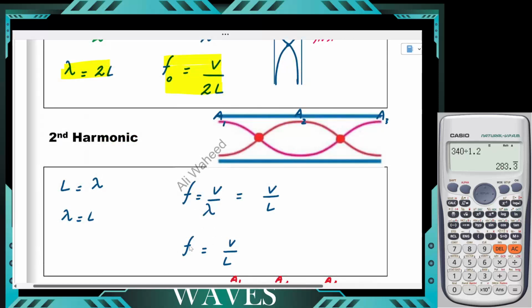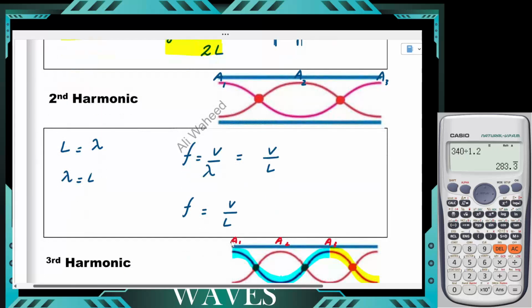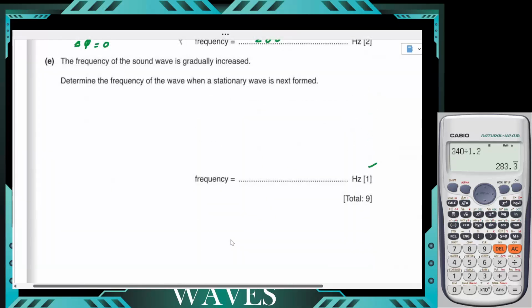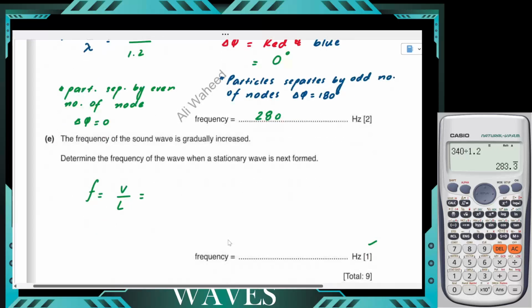In that case, for the second harmonic, f equals V over L. Second harmonic, also known as the first overtone, by the way. V was 340 divided by the length of the tube, which was 0.60.